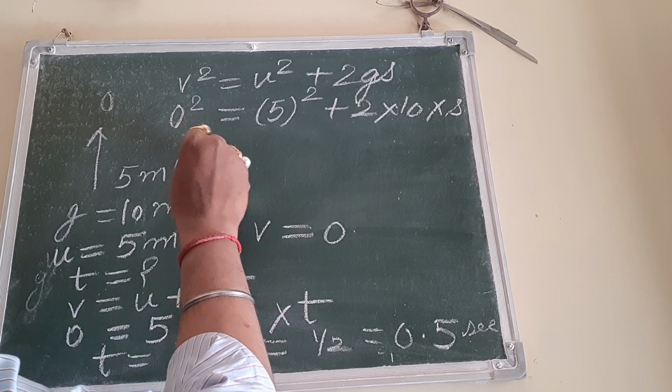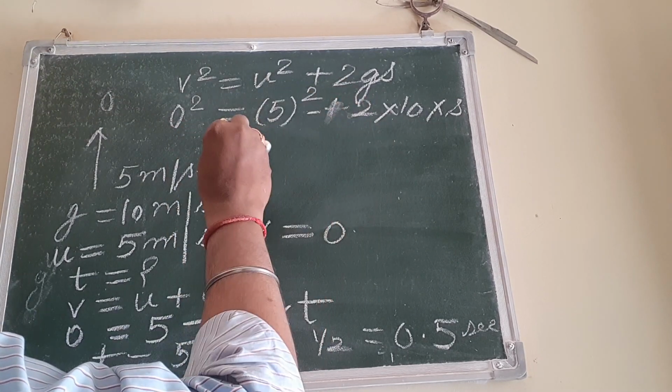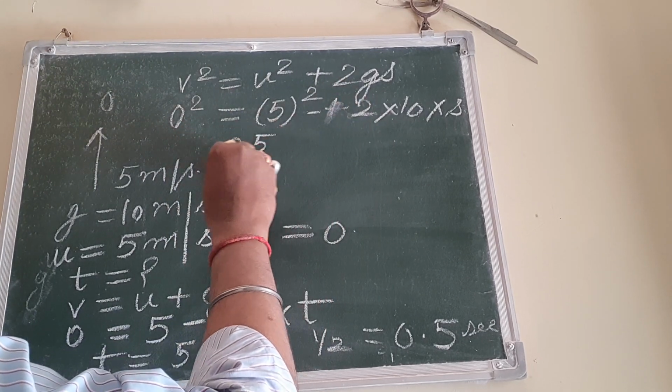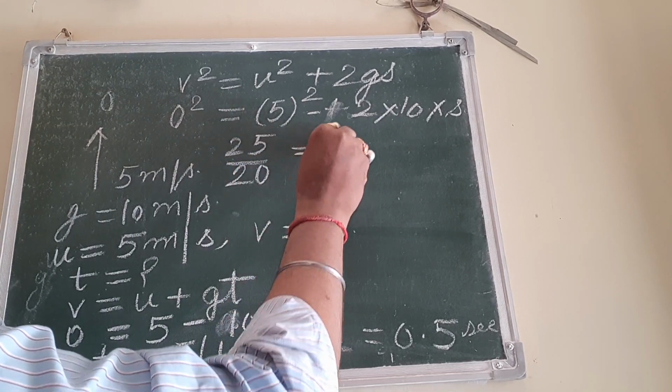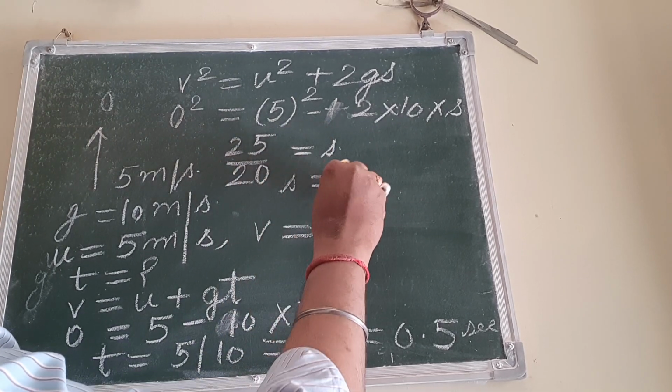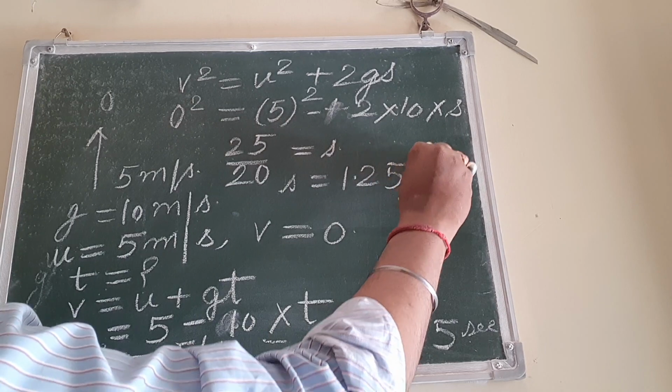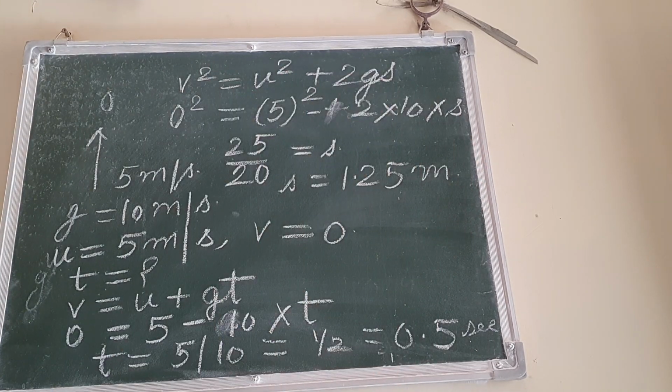So it is coming out to be 25 upon 20, so it is 1.25 meters. So this is our answer. I think you all might have understood this question. So we are going to understand this question once more.